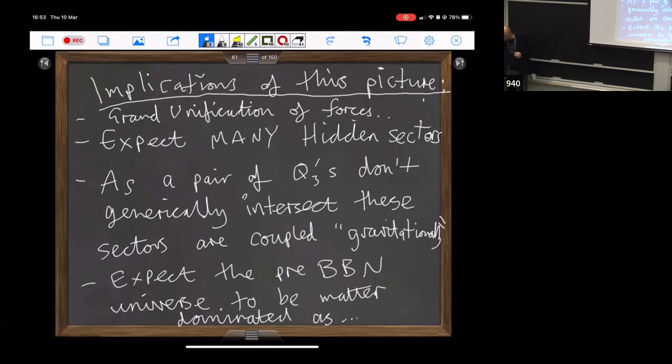I mean, coupled gravitationally, mediated through interactions suppressed by the Planck scale. These parameters manifest themselves in the low energy theory as very weakly coupled scalars. They're very weakly coupled because actually they are zero modes of the higher extra dimensional Einstein's equations. And as a result of that, these fields would quite likely take over the energy density of the early universe, before Big Bang nucleosynthesis.